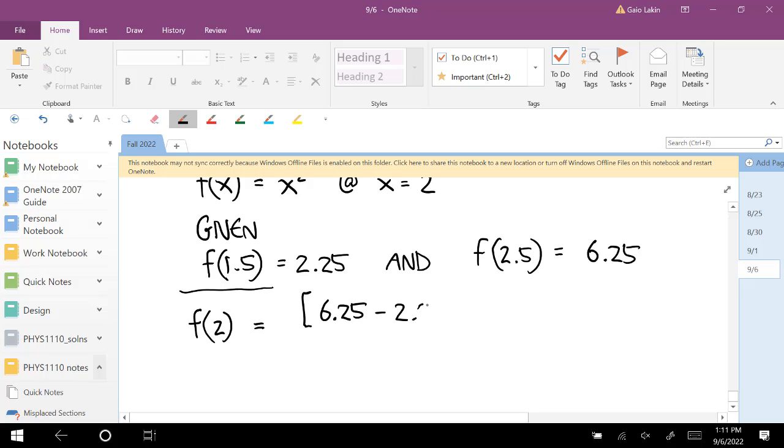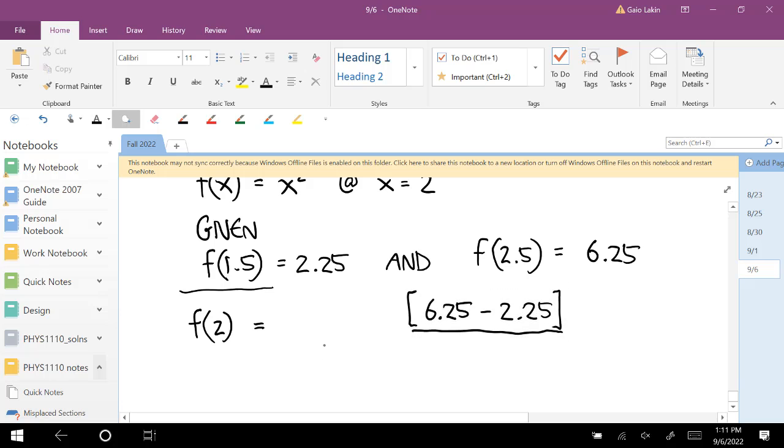So that's 2.25. Yep, you're right. So first, the function value at 1.5.